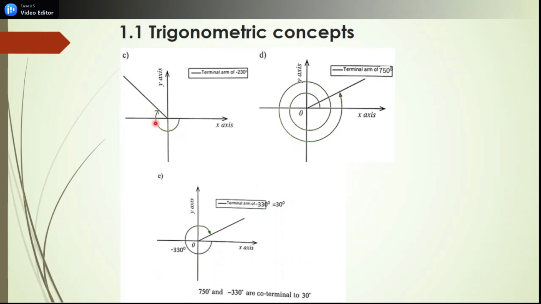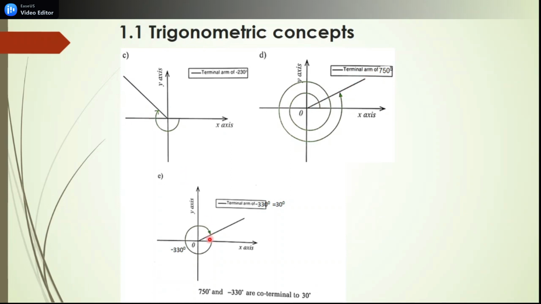From this point to this point, you have negative 180 degrees. Then from 180 degrees to this point, you have negative 230 degrees. When we draw an angle, this line is called the terminal arm.